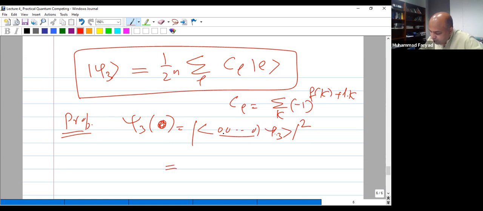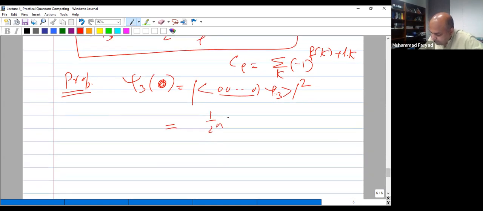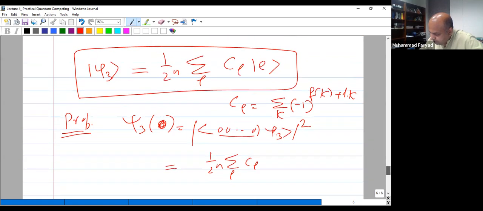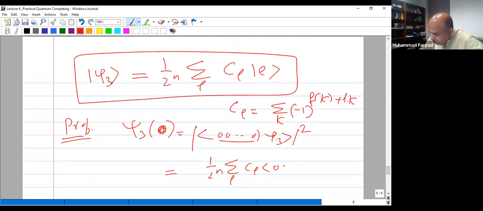So 0, 0, 0 with psi3 would be 1 over 2^n sum over l of c_l into 0, 0, 0 with l.